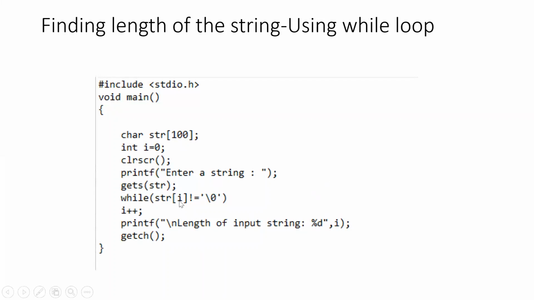This I have given using the while loop. So the logic is, until we have not reached the null character, we will be incrementing the I value. If you want, you can put curly brackets for the statement to be executed. Only one line is there for execution if the while condition is satisfied. So first you will be declaring a character array.